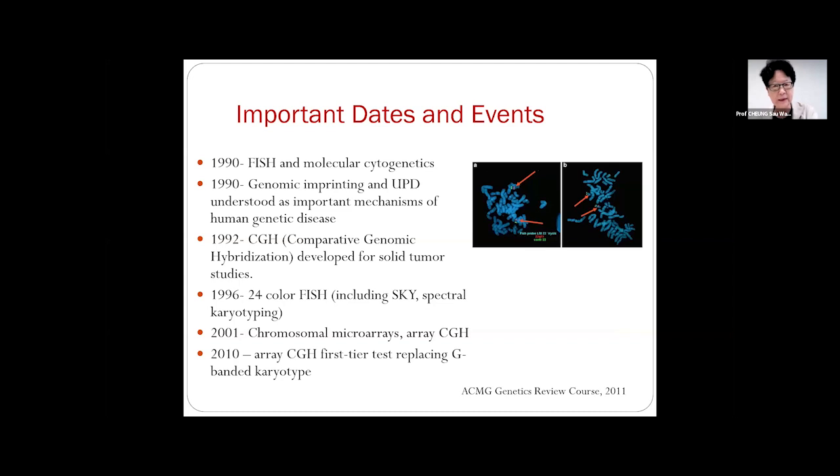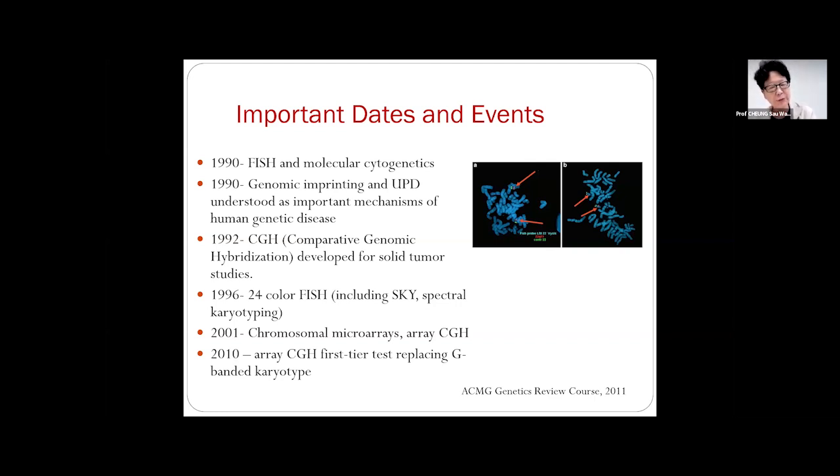We'll talk about how FISH is done later. FISH denotes fluorescent in situ hybridization. At the same time, they also described genomic imprinting and uniparental disomy, and understood the concept as an important mechanism of human genetic disease.